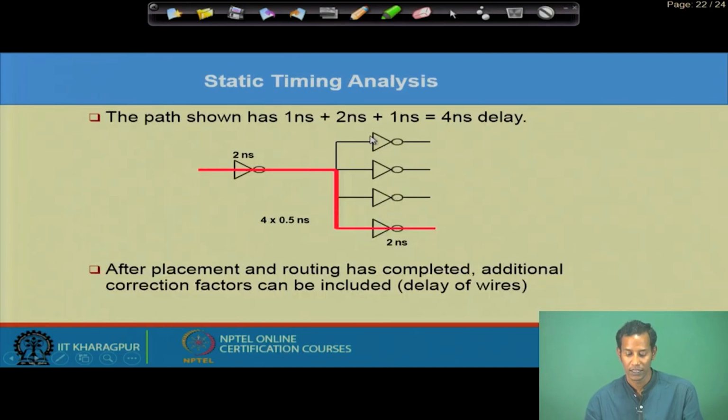And the wire delay, let us say, is 1. So the total path consists of 4 nanoseconds of delay. After placement and routing has completed, additional correction factors can be included, which is the delay of wires.